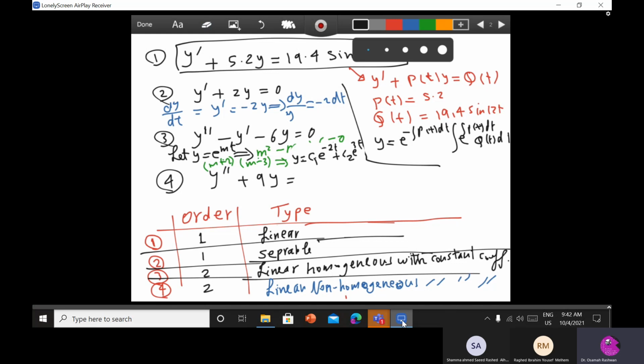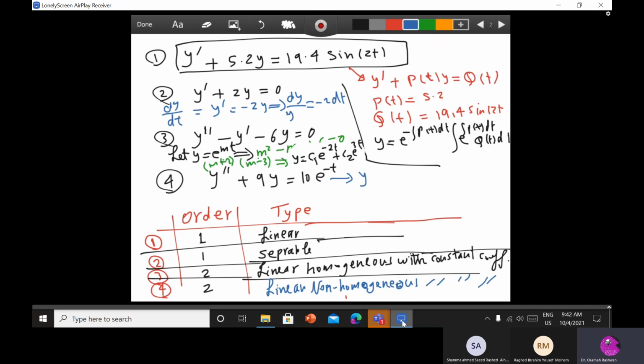For the next one, this one was 9y. What was here? Do you remember this one? Yes, 10 to the power minus t. This one, non-homogeneous, has two parts of the solution, right?